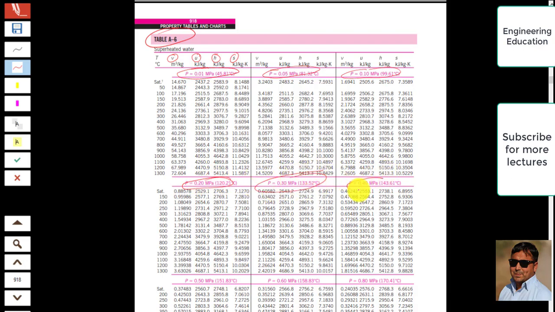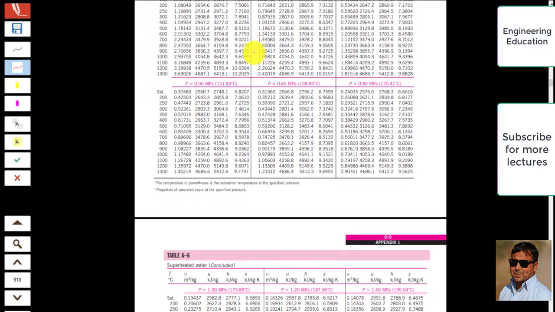So at these different pressures, these properties have some values, and values are picked looking at the pressure and the temperature according to the need of the problem. Again, if we look at the units, they are the same: cubic meter per kilogram for specific volume; kilojoule per kilogram for specific internal energy; for specific enthalpy it is kilojoule per kilogram, and for specific entropy it is kilojoule per kilogram per Kelvin.